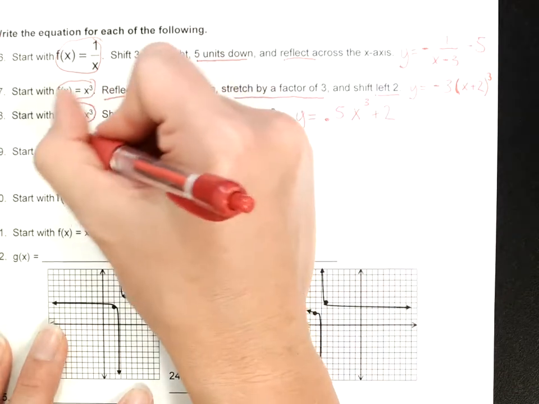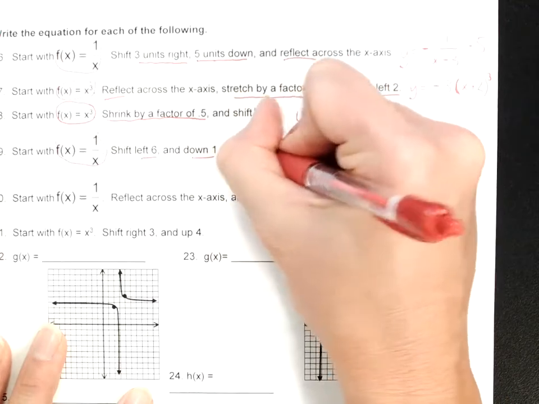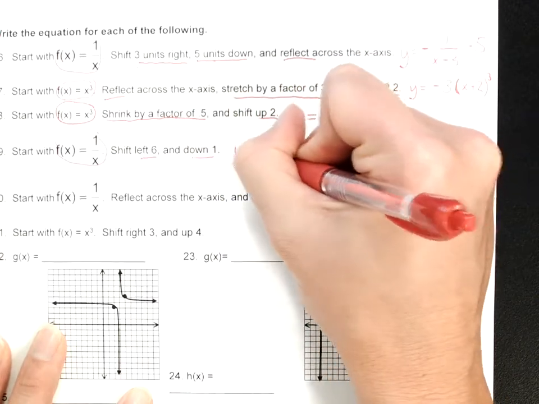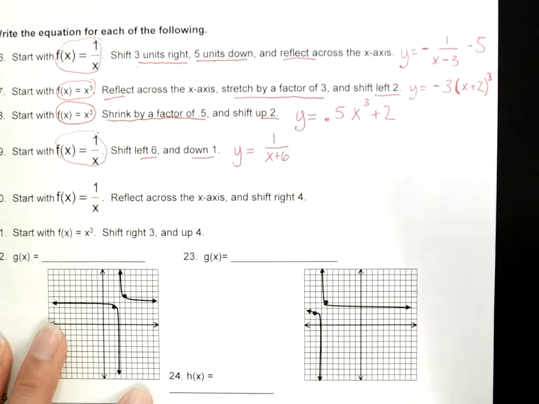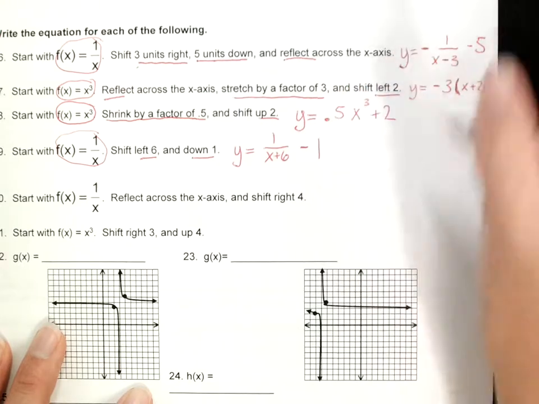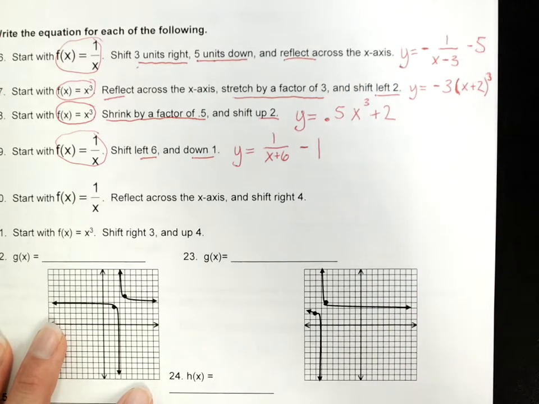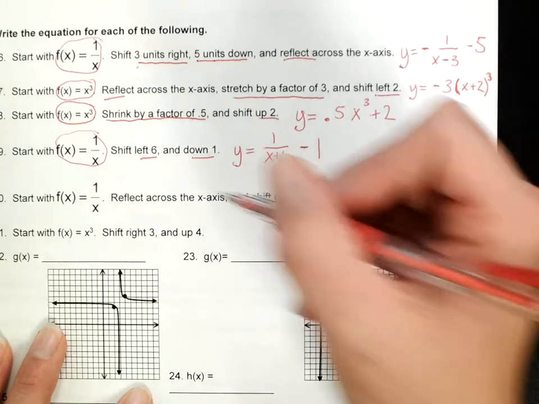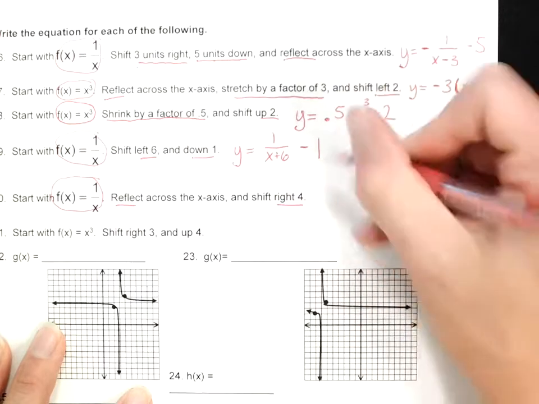Starting with our rational again, we're going to go left 6 and down 1. So y equals 1 over x because it's a rational, left 6 plus 6 underneath the line, down 1 minus 1 on the outside. Again, be sure I can tell the difference between what's inside and what's outside. Starting with a rational, reflect and go right 4.